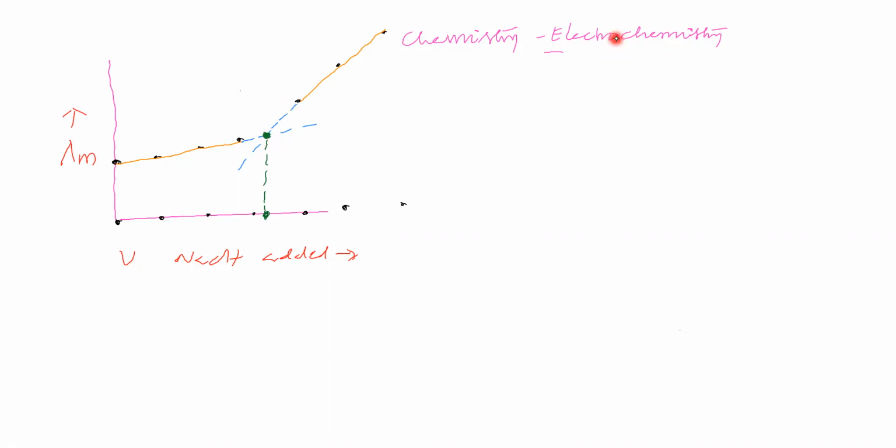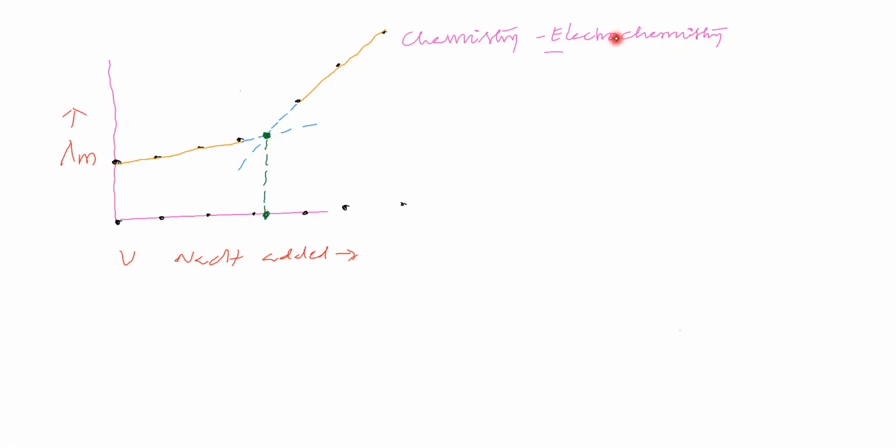After this point, lambda m increases, but the extent is more. That's what we discussed for weak acid versus strong base titration: before the equivalence point, the lambda m increase will be low, and after the equivalence point, the lambda m increase will be high.